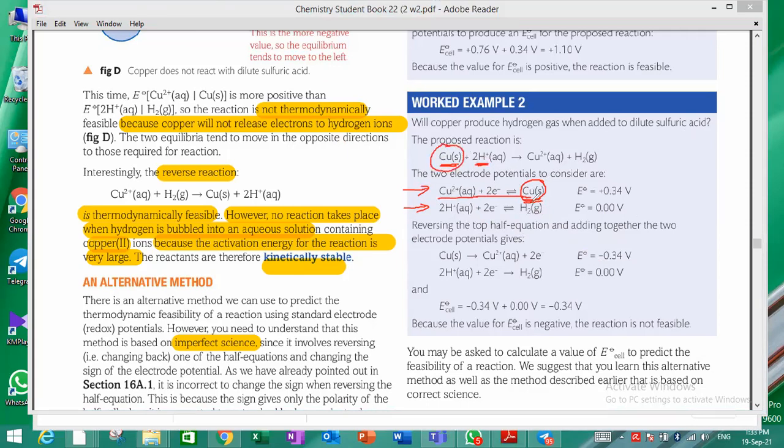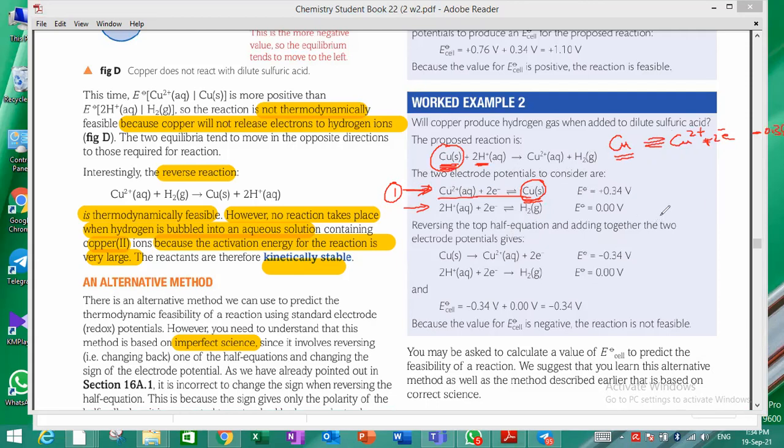So we are going to flip the equation to get the copper as a reactant. As I flip the equation, I must flip the sign of the E naught value.